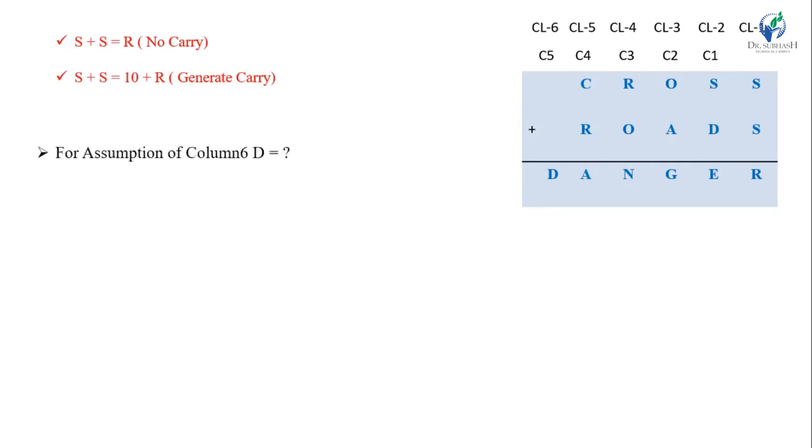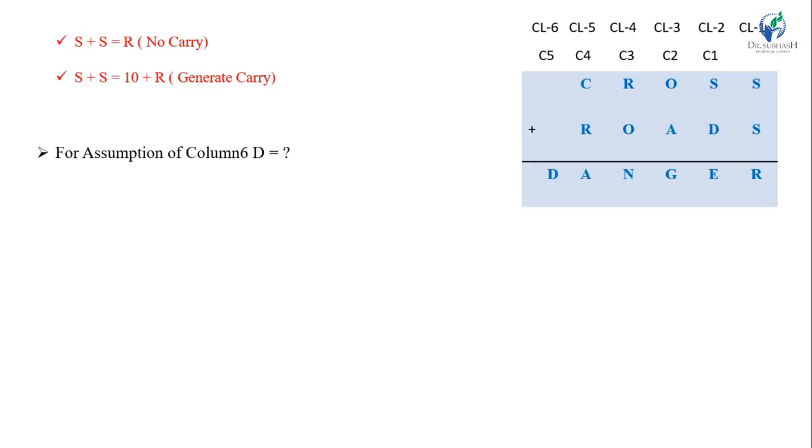Now we start the problem. Can we assign or predict the column 6, which represents the D value? We can see here we have 5 alphabets for text 1 and 5 alphabets for text 2, and it generates 6 alphabets with the help of addition.